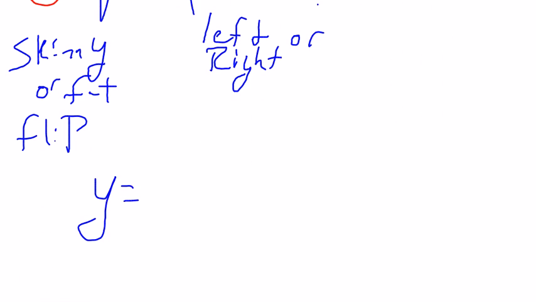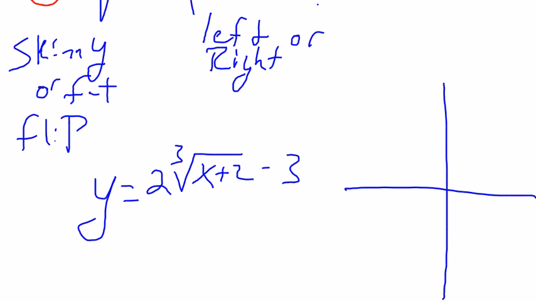So y equals, let's say 2 times the cube root of (x plus 2) minus 3. So once again, the 2 is going to make it taller in this case.